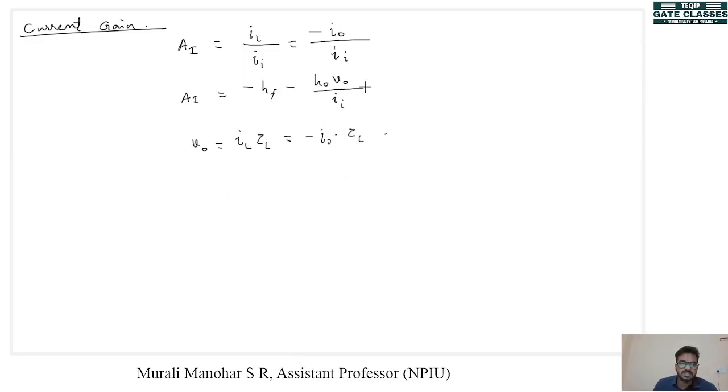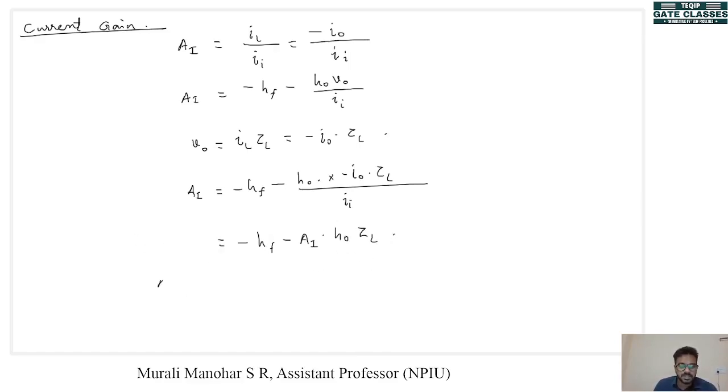Now substitute this in the equation for AI. AI becomes equal to minus Hf minus Ho into minus Io into ZL divided by Ii. Now minus Io divided by Ii is nothing but AI. So this is minus Hf minus AI into Ho into ZL. Take this to the left hand side.